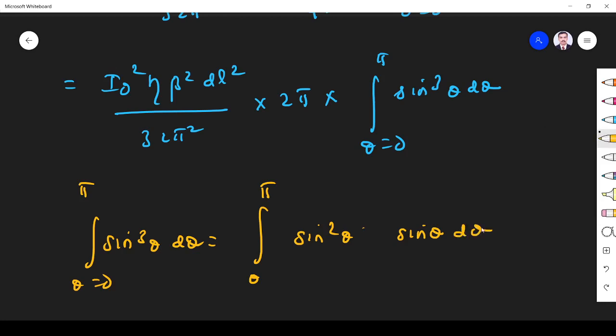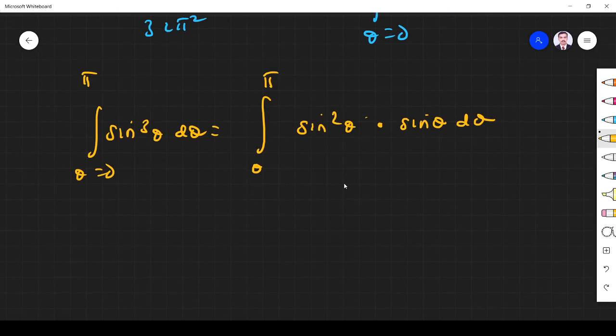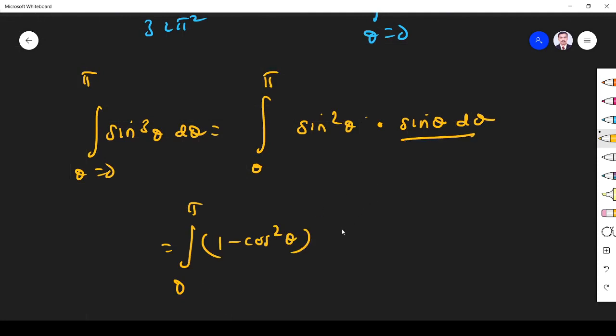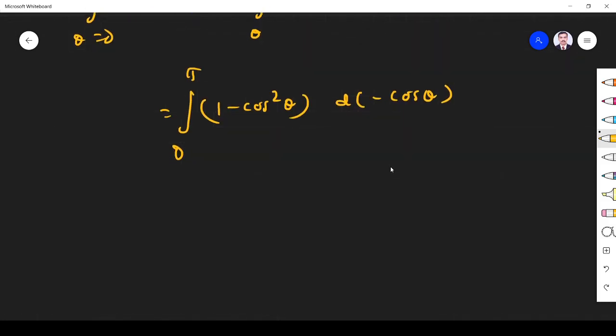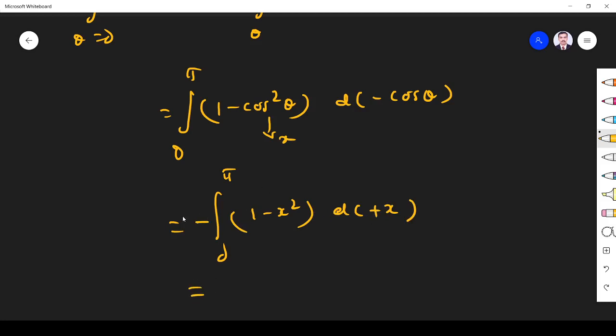Sine squared theta I write as 1 minus cos squared theta, and sine theta d theta I write as d of minus cos theta, since the differentiation of minus cos theta is sine theta d theta. Now it is in the form of the integral of 1 minus x squared. Let us assume cos theta is x, so d of minus x. This minus you take outside.